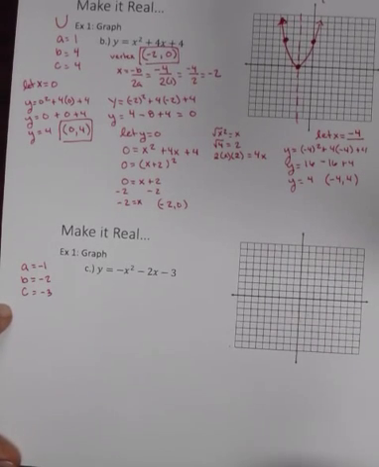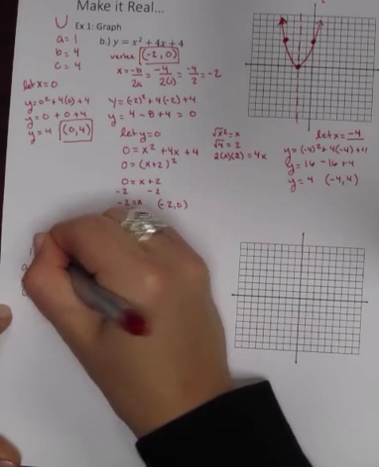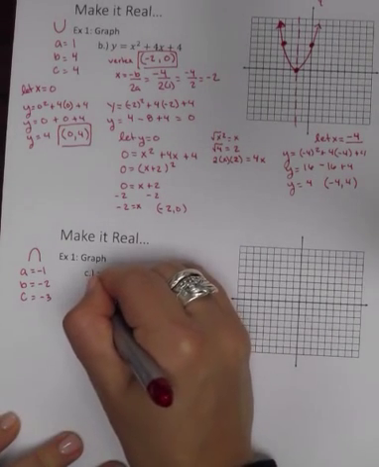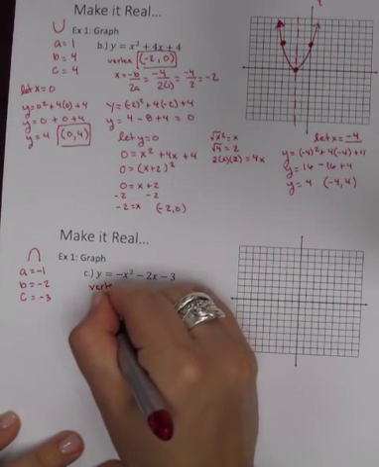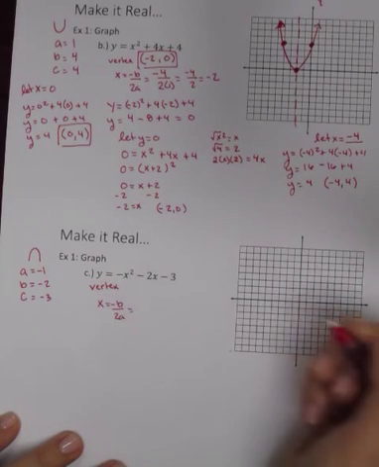Okay? So what I notice is my A is not positive this time, so my parabola is definitely going to be an N shape. Okay? So the next thing that I've got to do is find that vertex. I'm going to write down my formula. X equals negative b over 2a, and then I can just plug and chug.